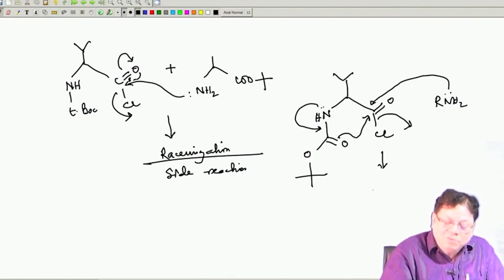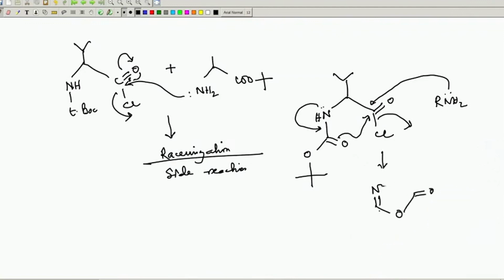So, what is formed is N double bond O, and then it is a lactone, with your valine, and this is the product, with the OT-butyl. This is called an azolactone.